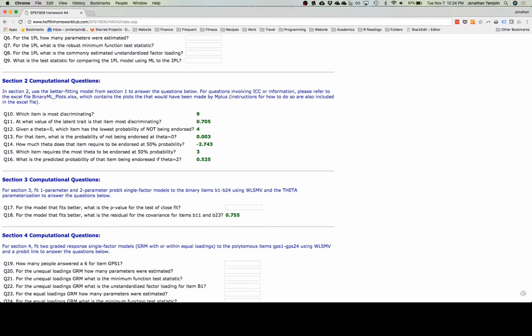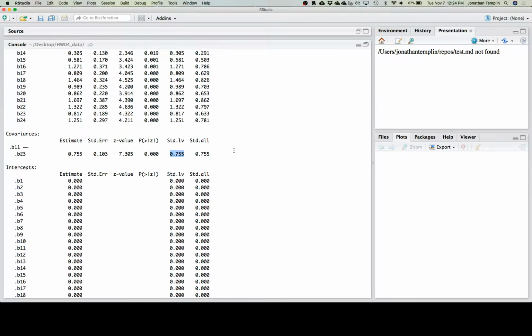And it worked. So there you go. Can you go back to our output? So again, it's the same place you'd find the residual covariance in lavaan if you were doing this with the CFA model. So it's just the covariance section.